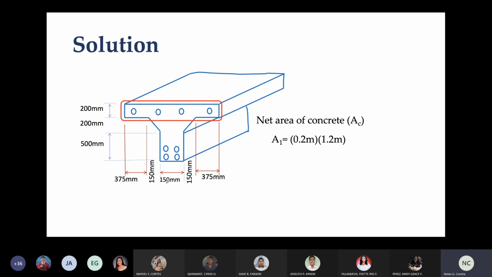I think it's 1,200 millimeters. So this 3,150 is 450. And you have 375 plus 375, that is 650. I know, 750.